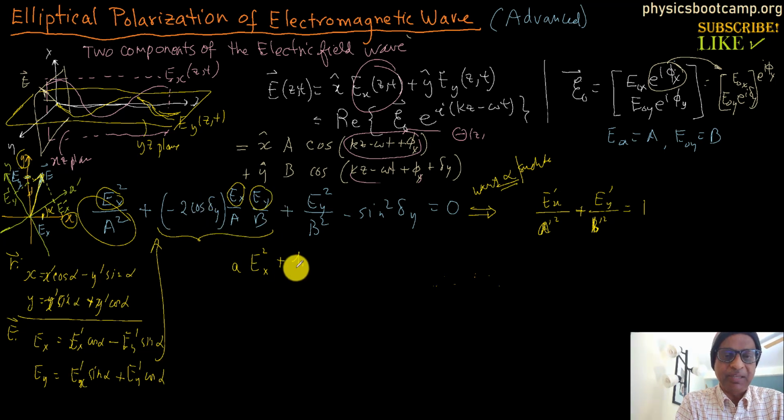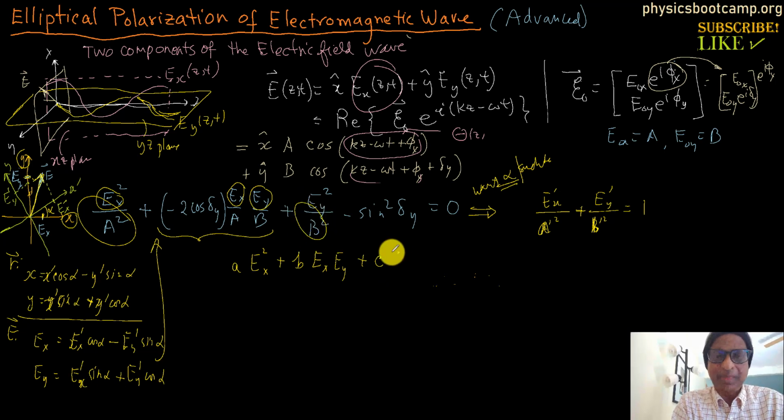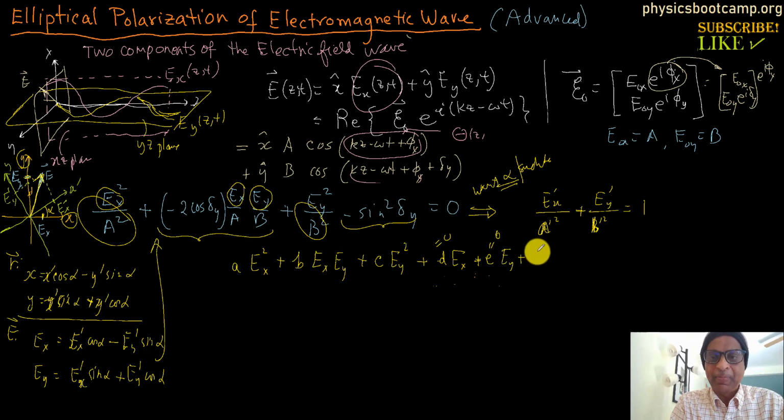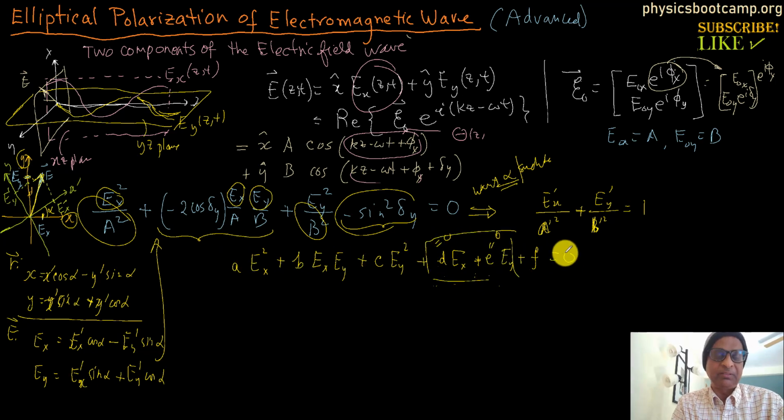Let's call this little b, I'm going to do it like b Ex Ey, plus little c, this will be little c, Ey square, and then plus d Ex, where d is equal to 0 here, so little e, this is equal to 0, Ey, plus f, which is equal to 0. So that's the case here. These guys are missing. This is a general quadratic expression.